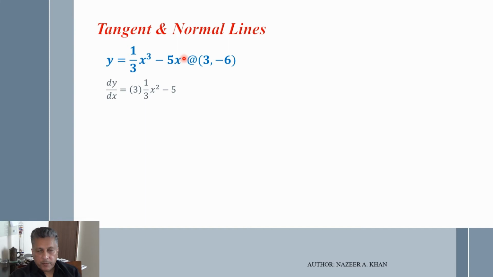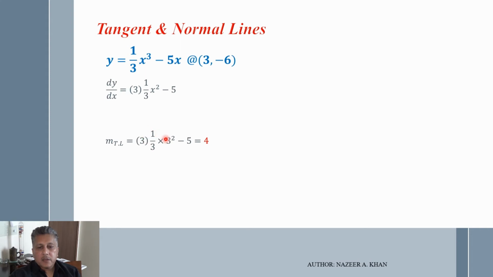Anything raised to the 0 power is 1, so we are ending up with -5 right there. Quite clearly, multiply and divide by 3 will cancel out. This becomes really 1.